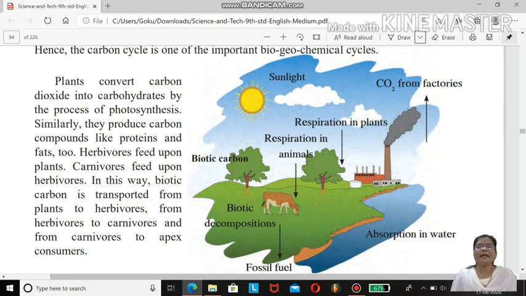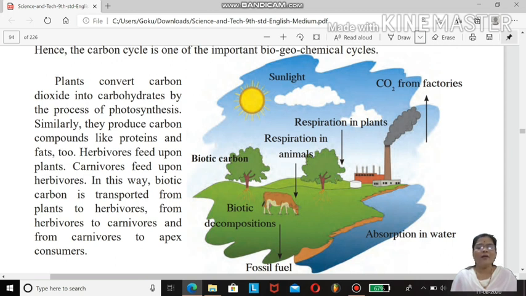Then plants take the sunlight. In the presence of sunlight, they prepare their own food material. They absorb the carbon dioxide. Carbon dioxide is used. Oxygen is given out. From the factories, carbon dioxide is given out. In the animals, by respiration, the animals release the carbon dioxide.